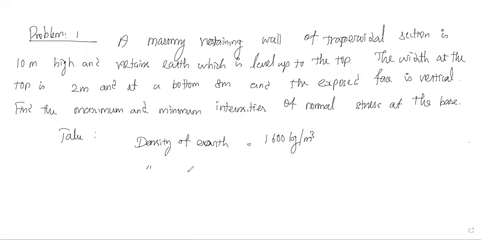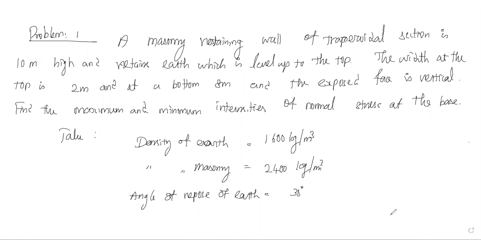Similarly, density of masonry is 2400 kg per m cube, and the angle of repose of the earth is 30 degree. So let us move on to the given data.